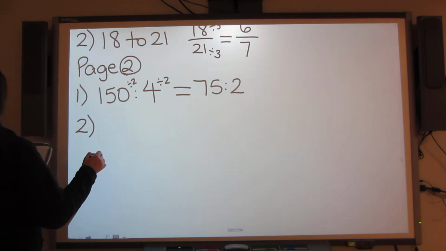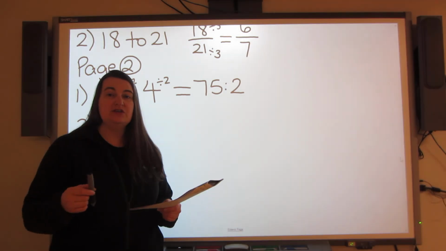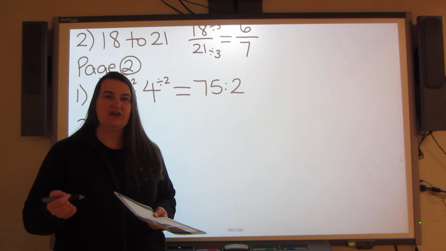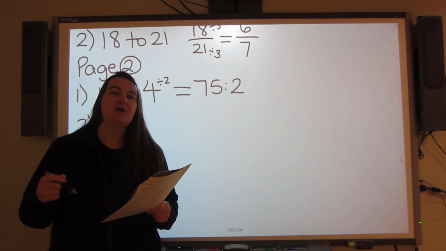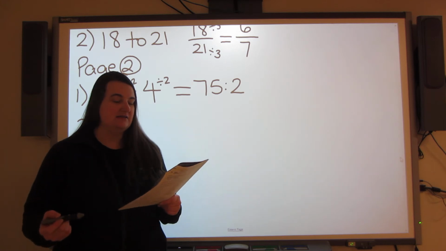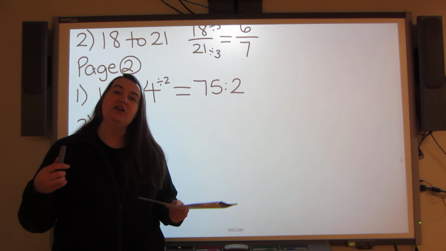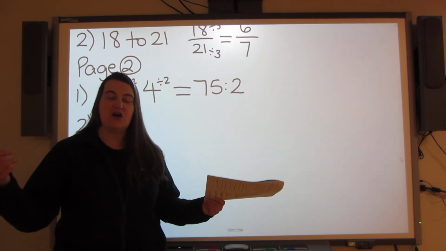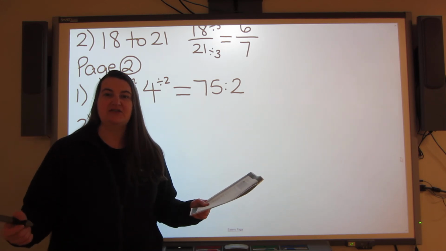All right, let's try number 2. It says 1 quarter to 1 nickel. Now, of course, you can do 1 to 1, but that's not much of a ratio. So this is one of those where you need to change the units. A quarter is 25 cents. 1 nickel is 5 cents. So you want to use the same unit. Quarters and nickels are not the same coin. Cents are the same unit of measurement.